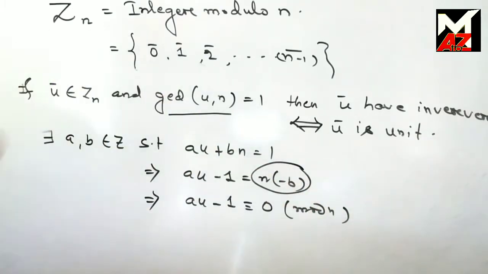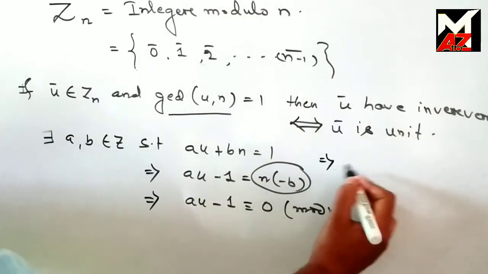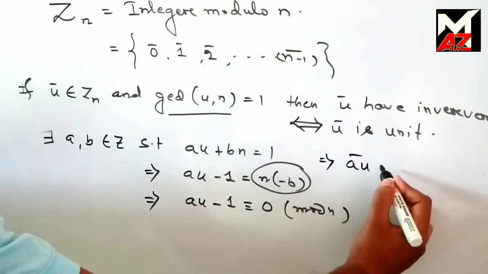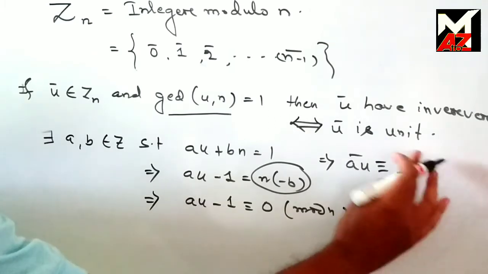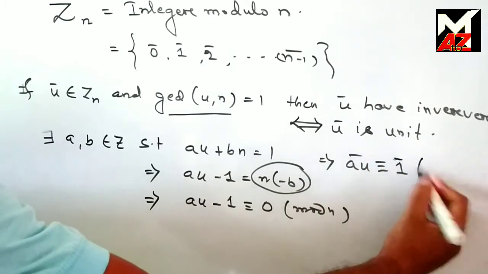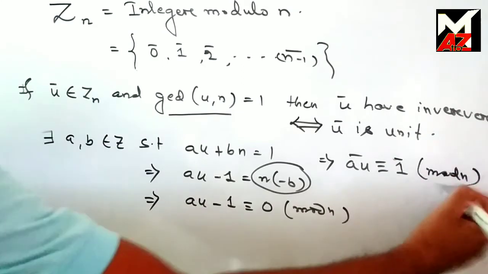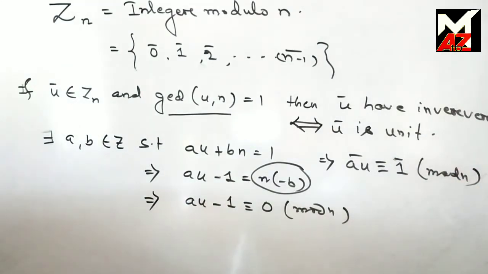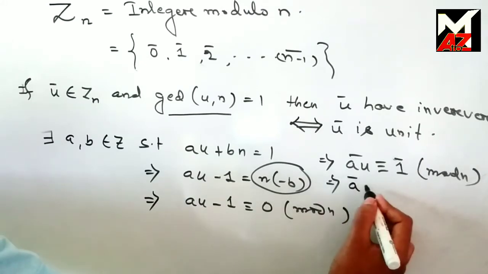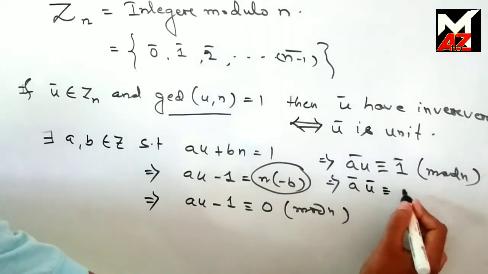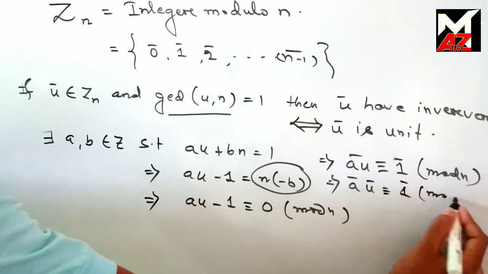Now the class of au is congruent to 1̄ mod n. Now this relation: ā into ū equals 1̄ mod n.